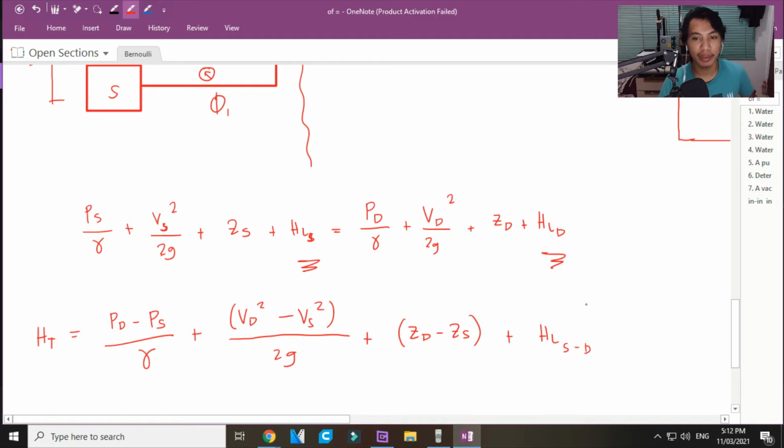O, yan yun. I-add mo lang naman. Ano ba yun? Head loss. Head loss ng discharge, add mo lang yan parehas. Plus mo sa head loss ng suction. Ayan. I-add mo yan. Kasi yan yung nahabulin ng system mo. The total head loss nahabulin ng system mo.